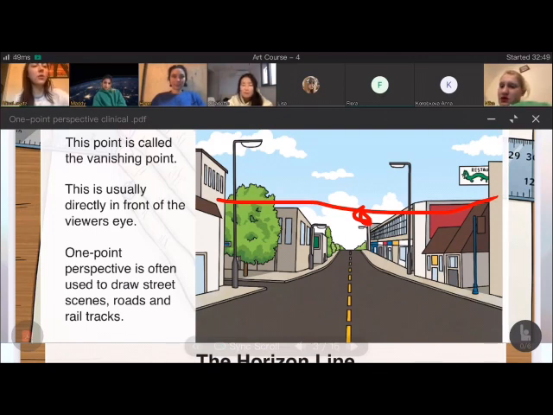I have a question. Why did you decide to put it above? You see that the vanishing point here is a little bit in the sky. Oh, means on the road. Yeah, it should be where the sky meets the land, right? So it should be somewhere there, and that will be the vanishing point.